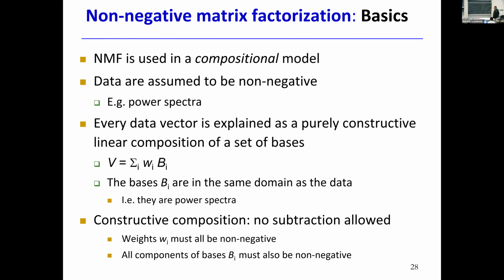Number two, if I'm only allowing these things to be scaled by positive amounts, where will the compositions lie? So this is B1, this is B2. If I look at things like W1 B1 plus W2 B2, and I require that W1 and W2 are also non-negative, then where in the space will these compositions live? Anybody?